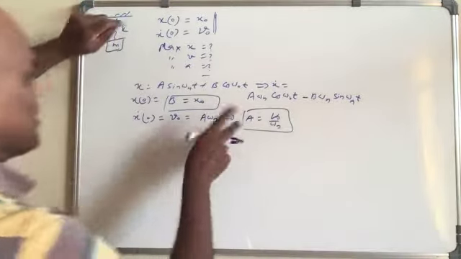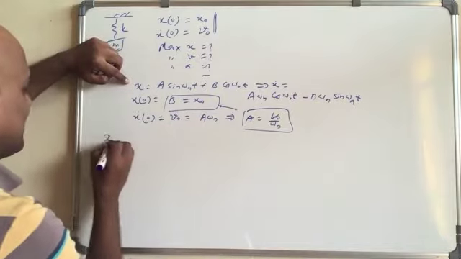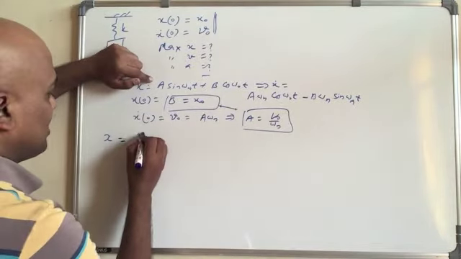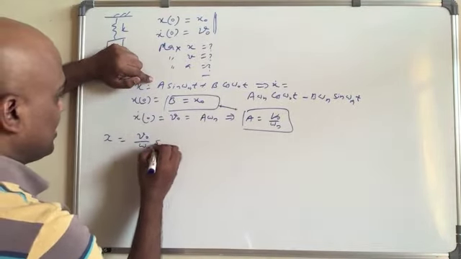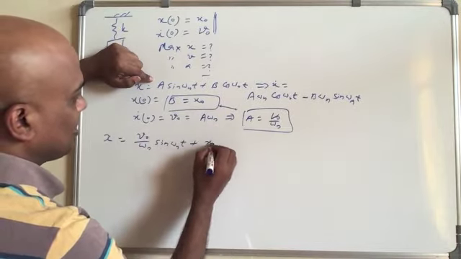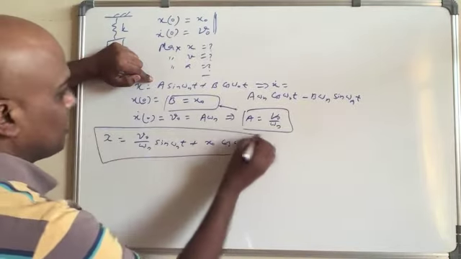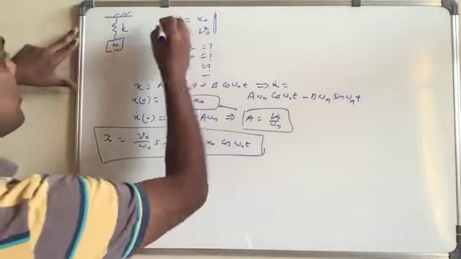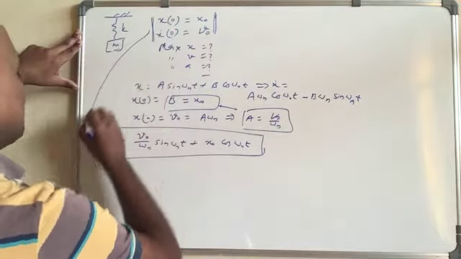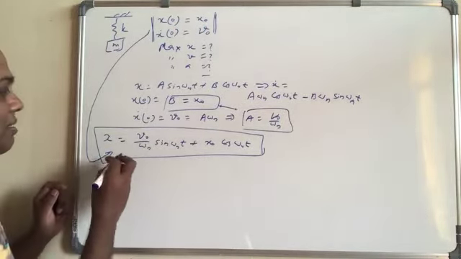Now if you put these two values here, we get x equal to v naught over omega n sin omega n t plus x naught cos omega n t. So this is the formula, and whatever values you are given, you put them here and get the value of x.